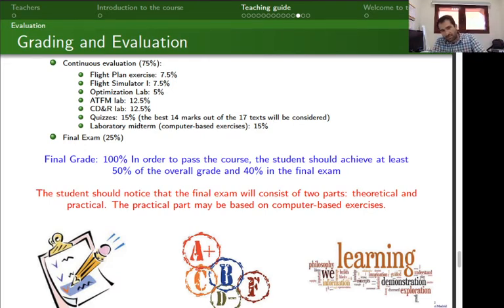If in the final exam you get a 10, then typically we try to respect, right, that mark and make it the best among the final and the weight of the final and the continuous evaluation. But this is typically not the case. And in the final exam, we will have theory and exercises, but no computer-based exercises. Okay.